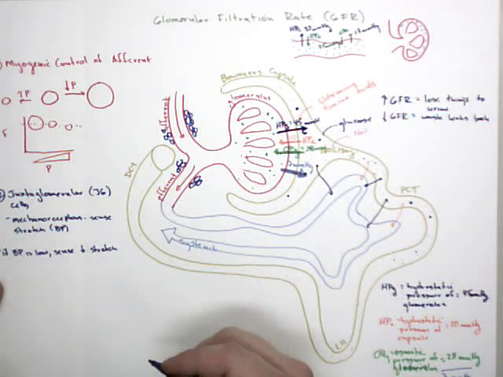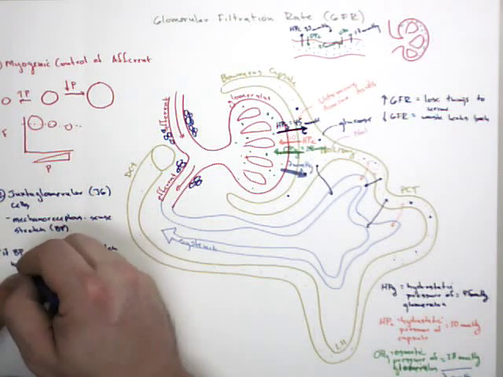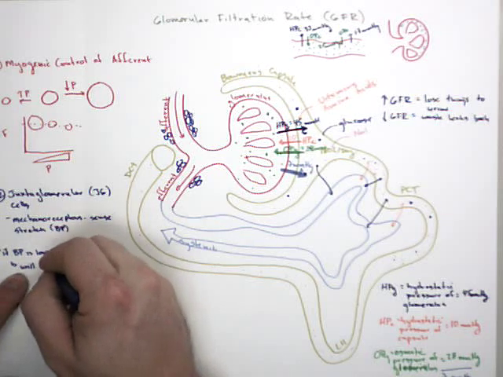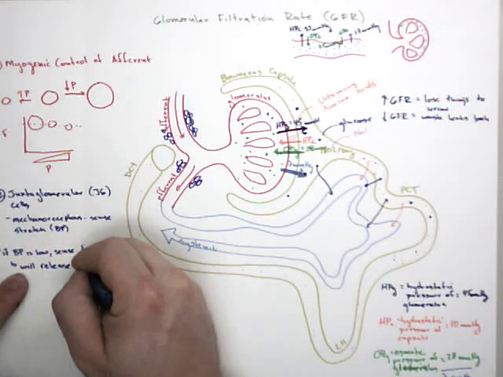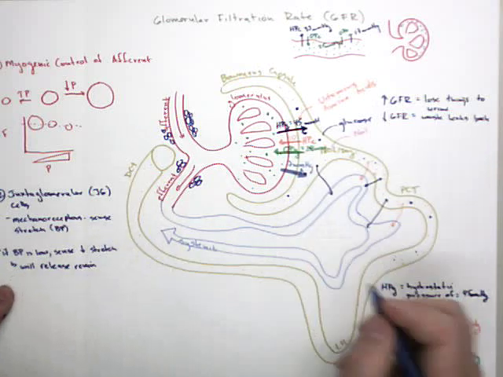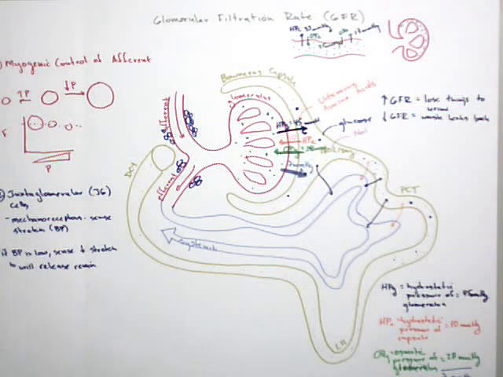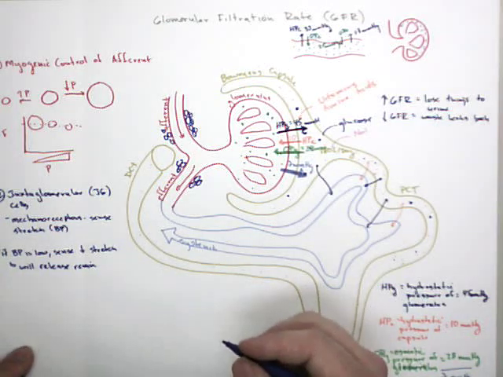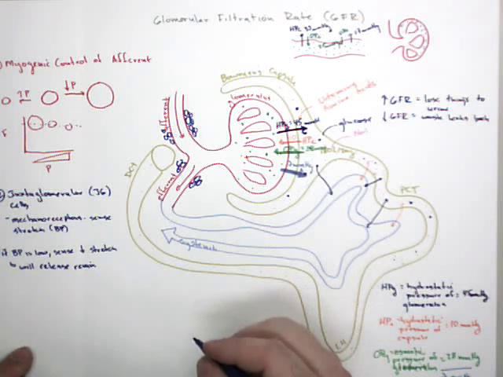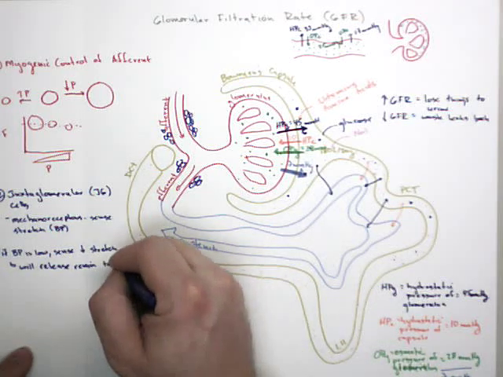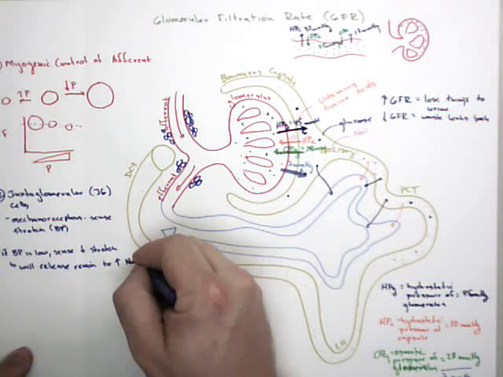What they will do is release renin. Now, renin is a very potent hormone, and it has several functions and a rather complex cascade. But at this point, we're just going to consider that renin causes the absorption of sodium, so it's going to increase sodium.